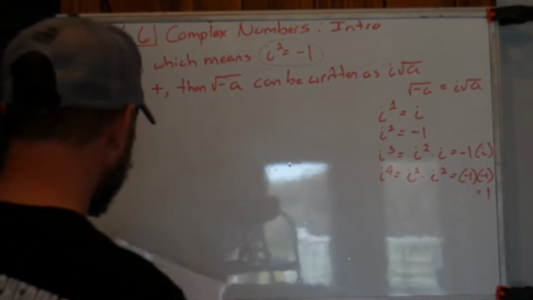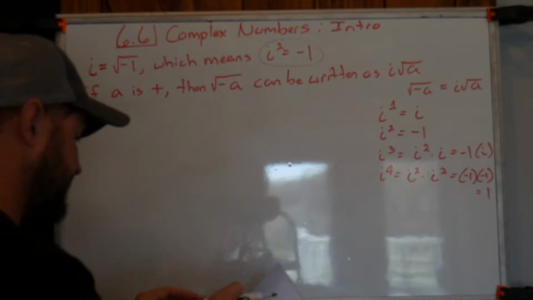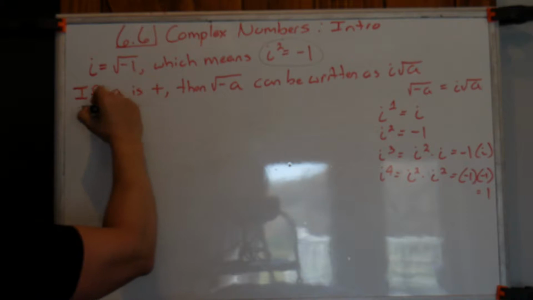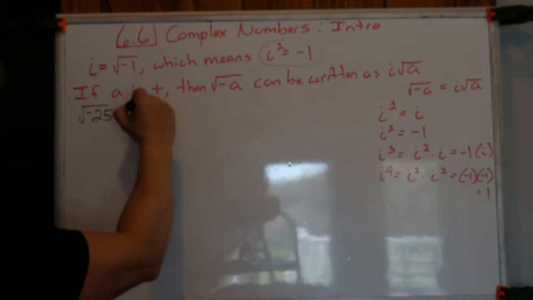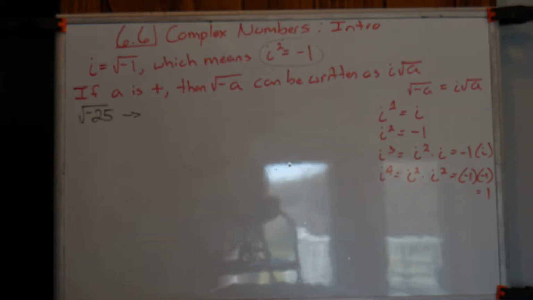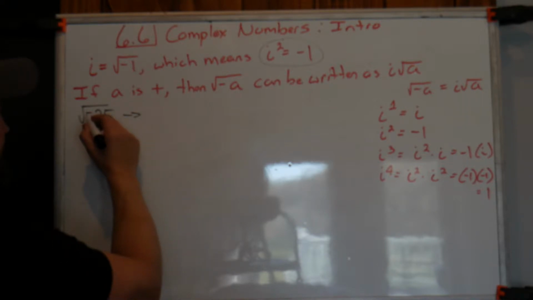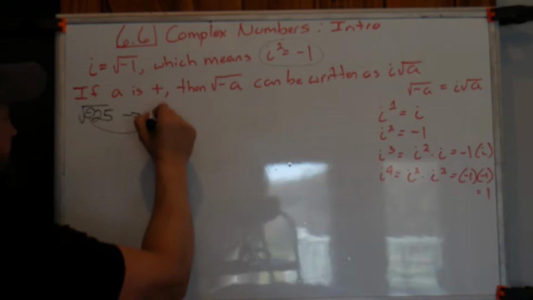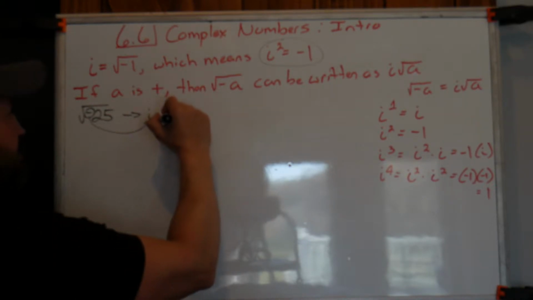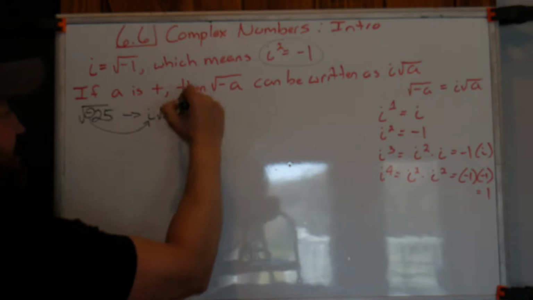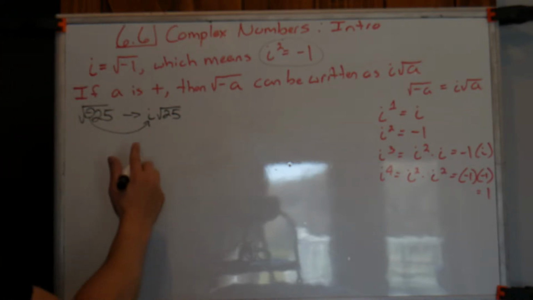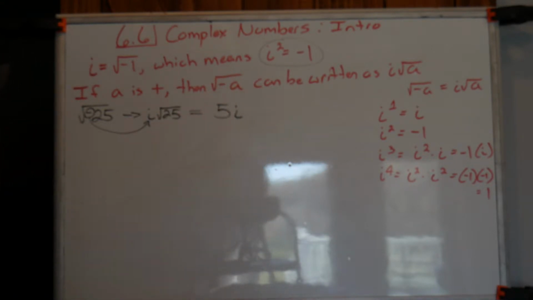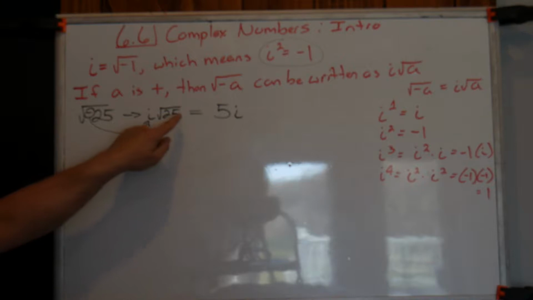Okay, so a couple simple examples they start us with just to get the idea. Examples 1 through 4, they say now we can have the square root of -25, because that negative, I'm going to circle it, this negative becomes i. And so what we actually have is i times the square root of 25, which is 5i.